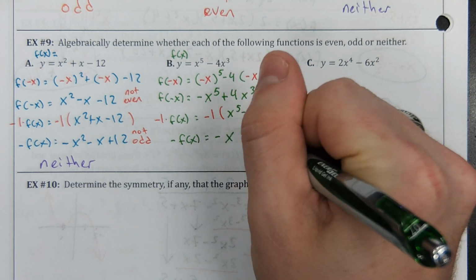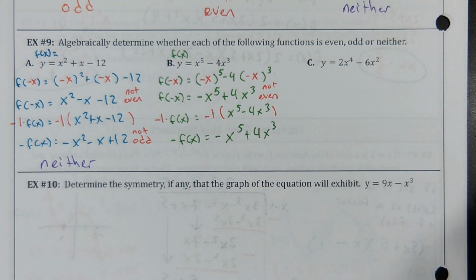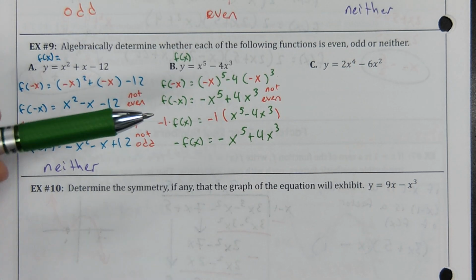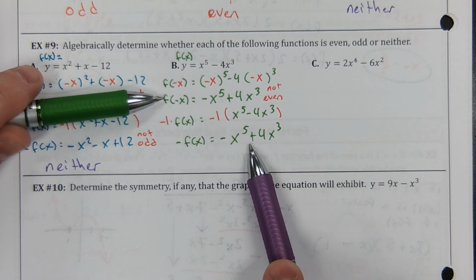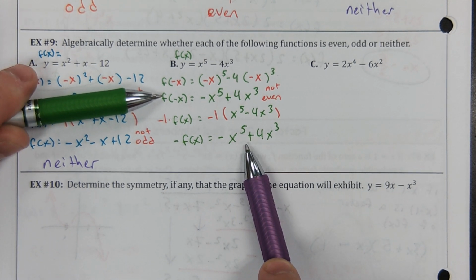Gets me negative x to the 5th plus 4x to the 3rd. Oh my gosh. Plugging in negative x is identical to if I had just multiplied by negative 1. That makes this odd. These two are exactly the same, so it is odd.